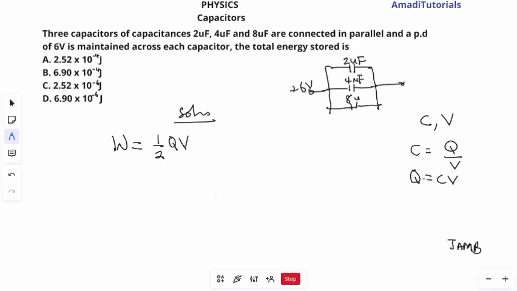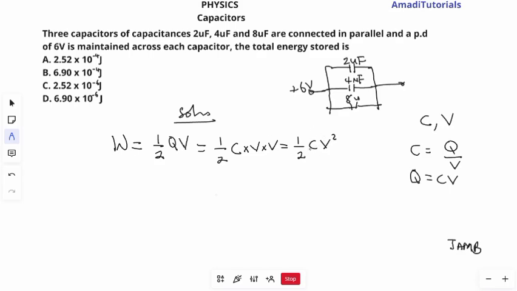So if you take Q equals CV and substitute in the place of Q here, you have 1/2 of C times V times another V, which is a half of CV squared.